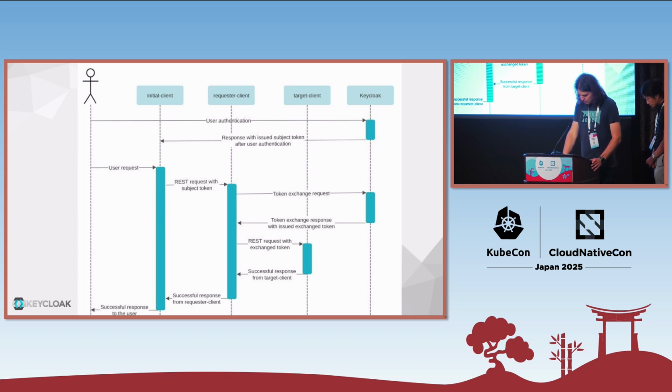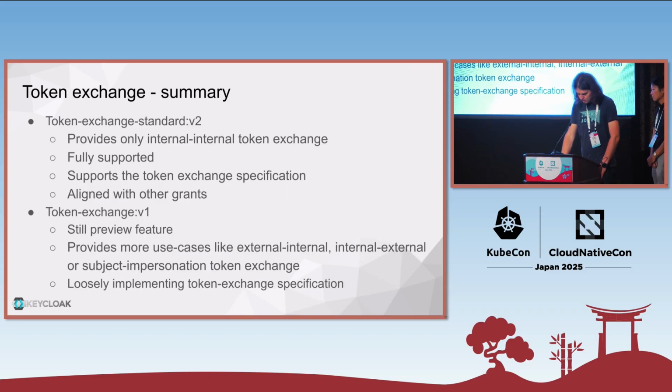So in this case, token exchange might be a solution, as the requester client can send the token exchange request to Keycloak and exchange for the token which is able to call the target client, and then a successful response could be returned to the target client and then to the initial client and user.